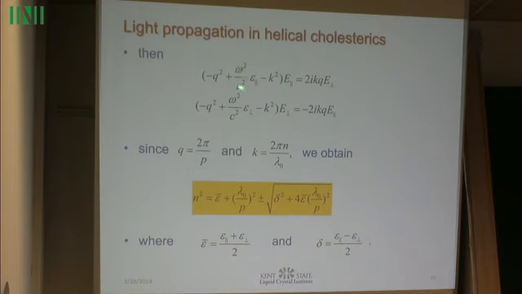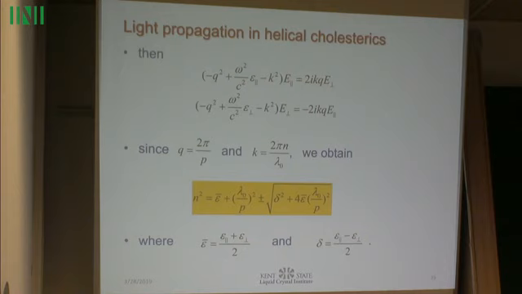Now n doesn't appear here explicitly, but n is just omega over k. Omega squared over k squared is n squared. So one then gets this simple equation for n squared, and this is the average epsilon, just the average of the 2 elements, and this is the anisotropy, just the difference between the 2. And that's pretty much the whole story.